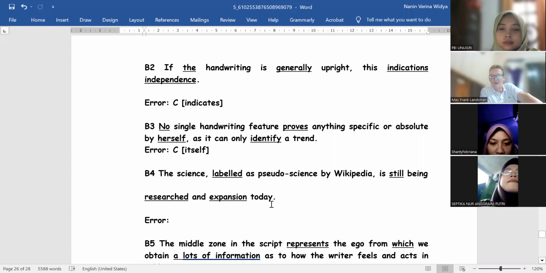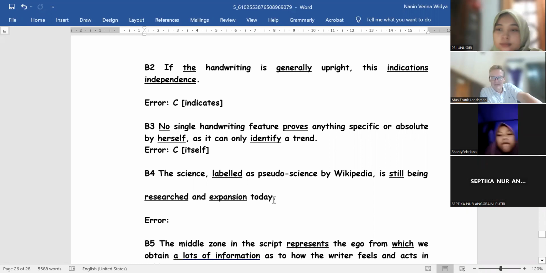What's wrong? What's the error? Can you identify? Maybe another student we haven't heard yet. Ada yang belum ambil kesempatannya hari ini.